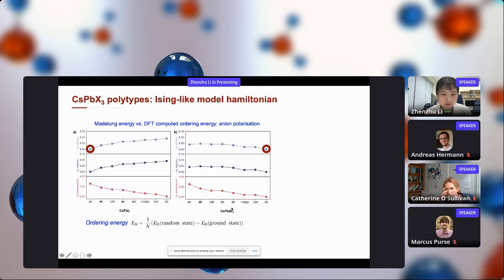of the ions. And also we find that the energy difference between the 2H and 3C phase of the model energy for both halides is around 2.5 eV. However, it is only less than 100 meV using DFT calculation.